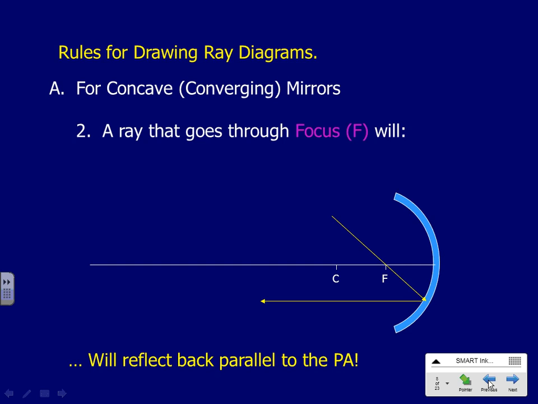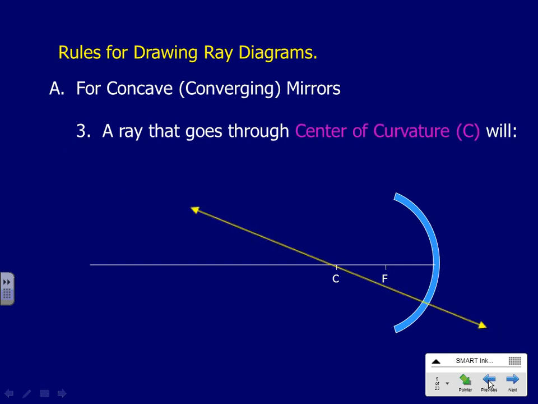So this guy is going to come in and hit. What happens to that guy through C? Yep, Megan? Yeah, reflects back on itself. Okay, reflects back on itself. All right? So if it goes through C, it reflects back on itself.